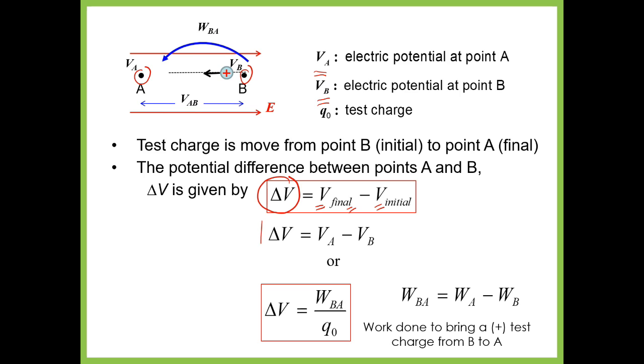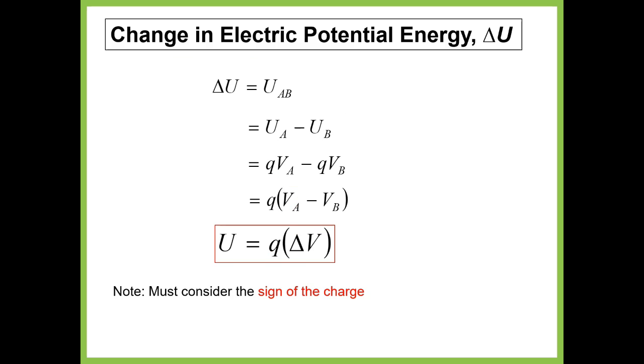This is the equation. Or, apart from this equation, you can also use delta V is equal to the work done per unit test charge. We also have the term for the change in electric potential energy, delta U. So delta U is equal to UA minus UB, or U final minus U initial.